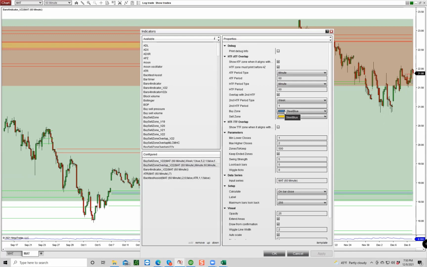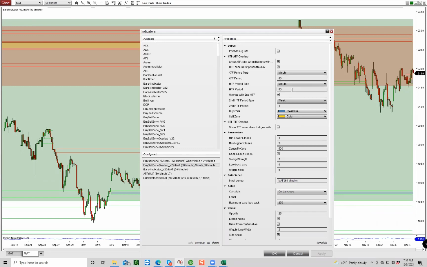So I'm waiting for the auction zone to overlap on the 60-minute, and then in addition, be inside of a weekly zone. Okay, does it make sense?